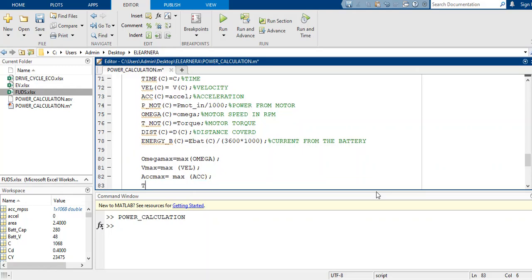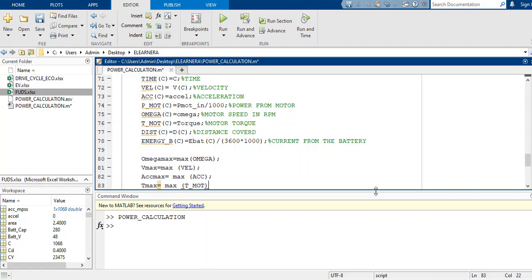As we have put in all the parameters, we can also change them and run this cycle to get various outputs from the program.